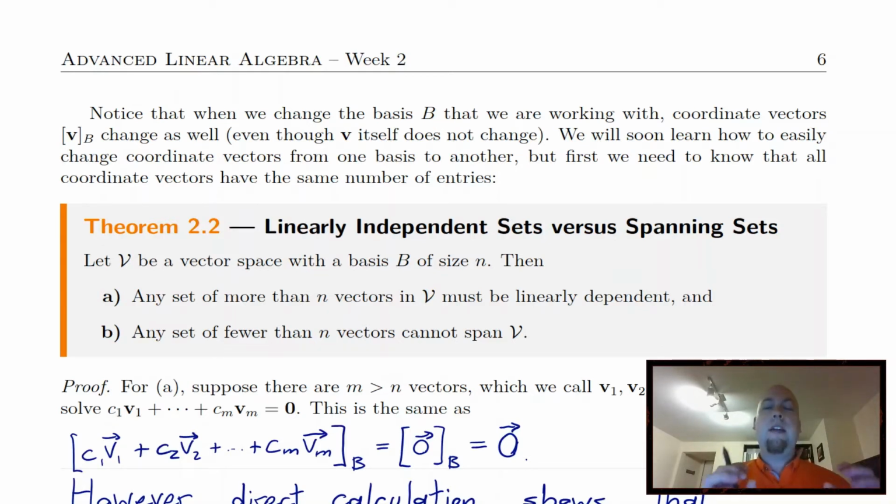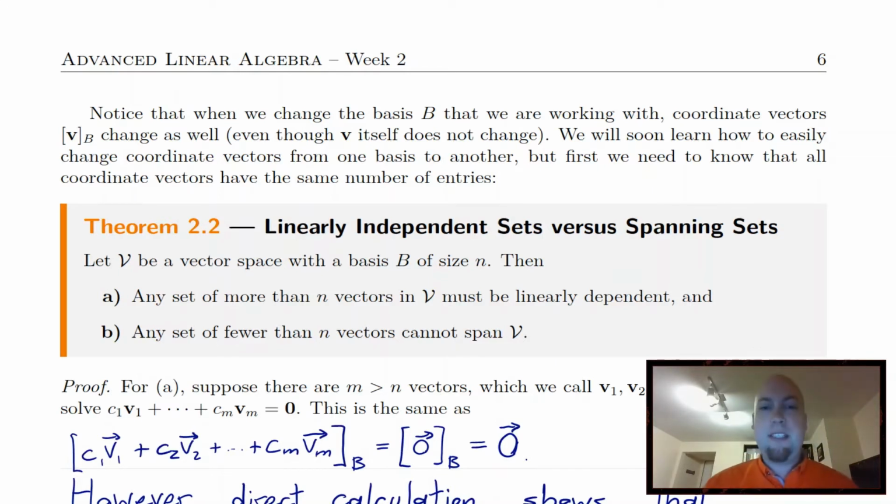Okay, so in other words, if I give you a vector space and you construct for me some basis that consists of 7 vectors for that vector space, well then every other basis for that vector space is also going to have exactly 7 vectors in it. Even though those 7 vectors might look very different, the number of them is never going to change. Okay, so that's sort of our first goal for today's lecture, is pinning down that result, seeing where it comes from. And well, we're going to use coordinate vectors to help us show it.